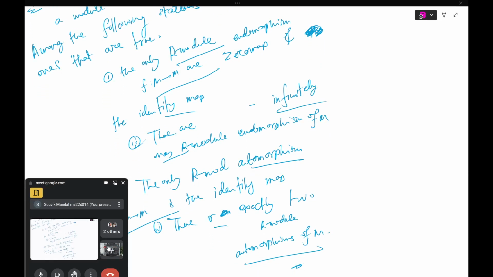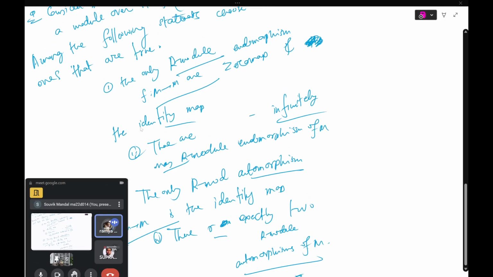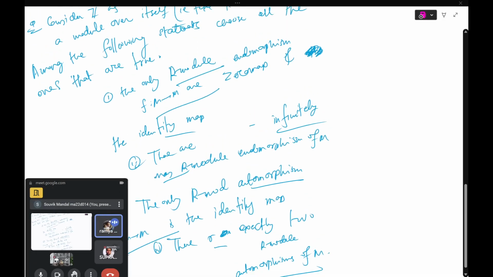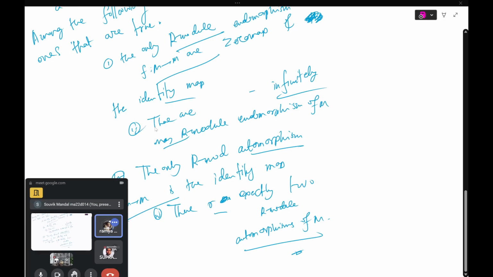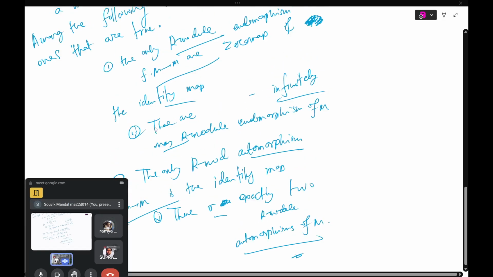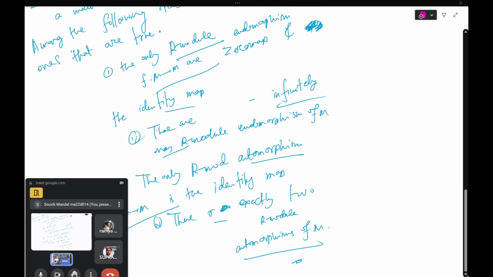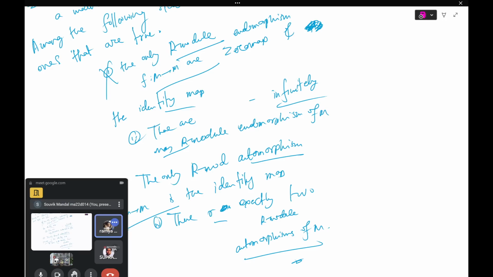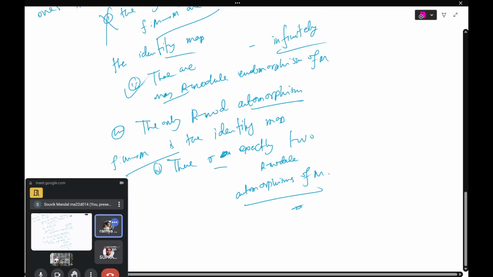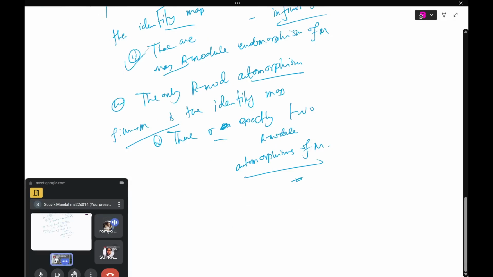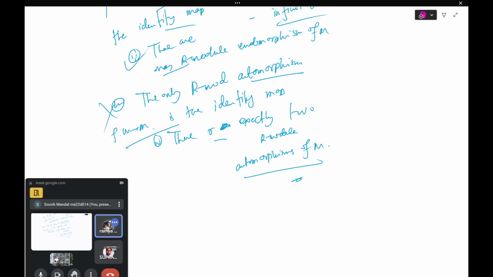It's wrong, there are infinitely many endomorphisms. Right, correct. So option 1 is invalid. What about the second option: there are infinitely many R-module endomorphisms of M? It's true. For the third option: it is false. Correct. Very nice. Are you able to understand the solutions?